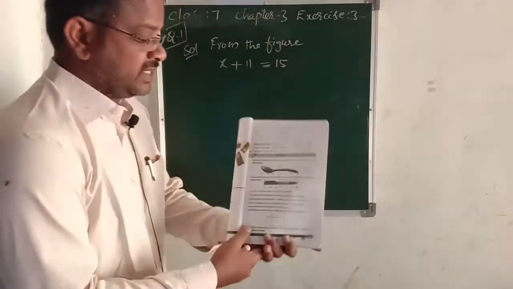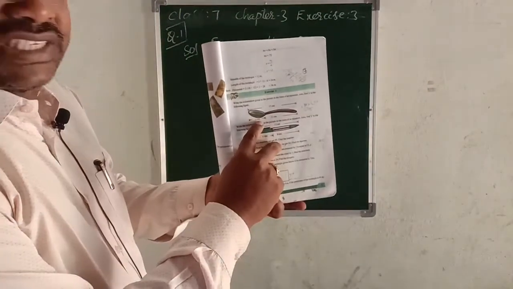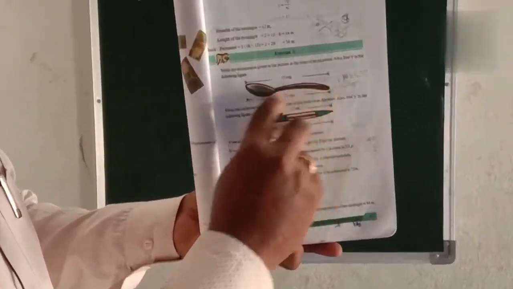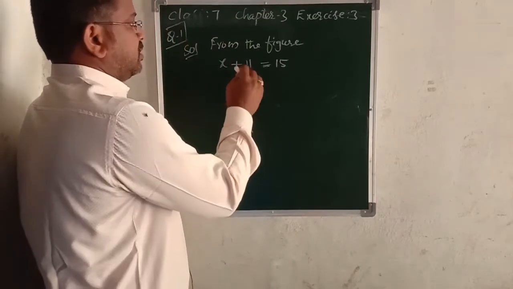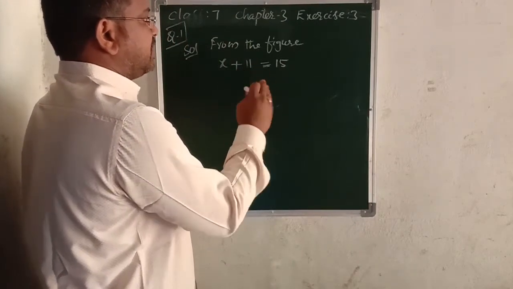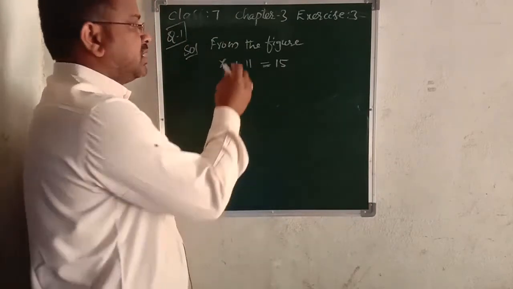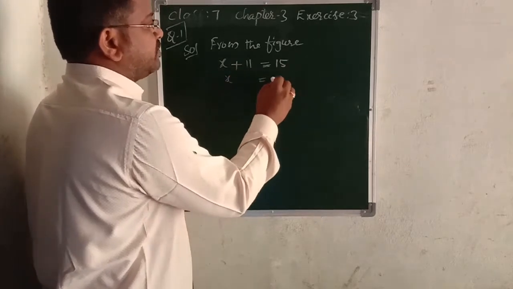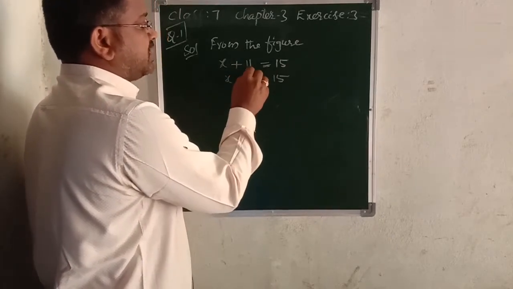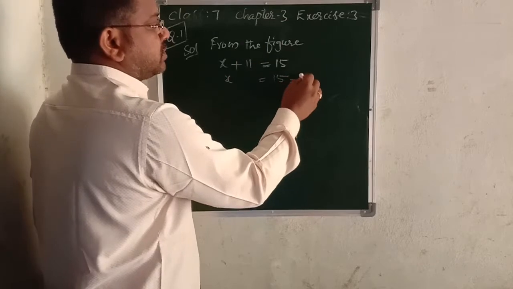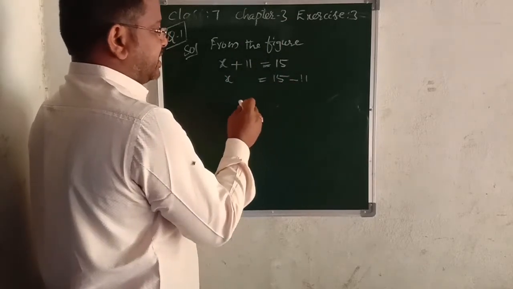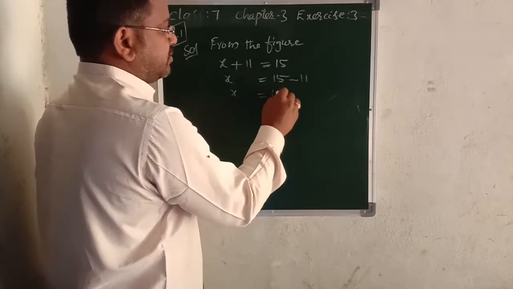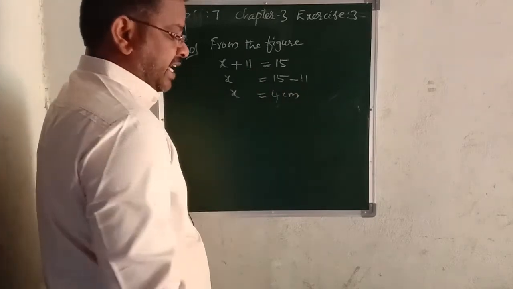Here we can see x centimeters plus 11 centimeters, the distance here, is equal to 15 centimeters. Now what is x? We can solve this equation by using the transposing method. Then x is equal to 15, and transposing this plus 11 to the other side, it becomes 15 minus 11. Then x is equal to 4 centimeters.